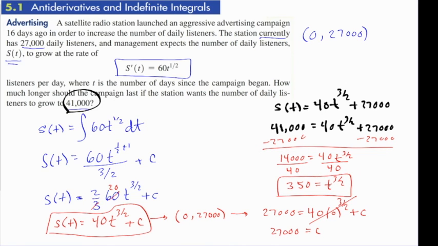We would like to get t to the power of 1, so t to the 3/2 power raised to the 2/3 power, a power to a power multiplies and will give me t to the first. And anything I do to one side of an equation, I must do the same thing to the other side. So we will have 350 raised to the 2/3 power equals t.